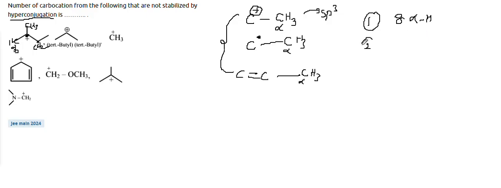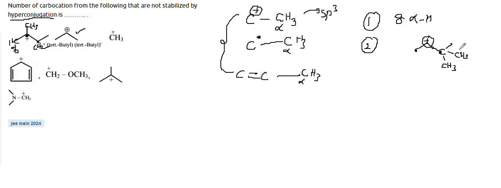Then the second compound. See here, this is the carbocation. Why? Because it contains the positive charge, right? Here a tertiary butyl group is there. Tertiary butyl means this is the tertiary butyl group. Everybody knows tertiary butyl.